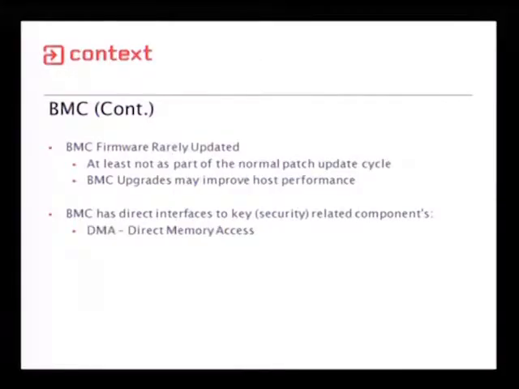BMCs almost always have direct interfaces into key security components. We'll talk a lot about direct memory access. I'm sure everyone's aware that if you can control the underlying memory inside a server, you can negate pretty much any security control you want to place inside the operating system. DMA is often provided via I2C bus, but also by all the other controllers that we're familiar with in general.